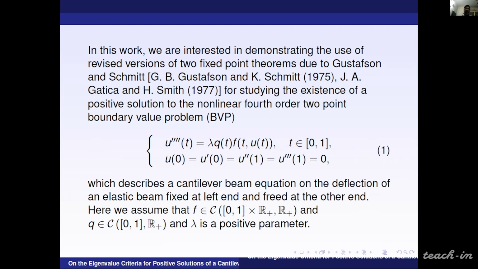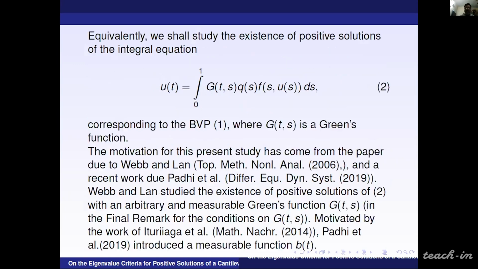What we shall be doing: it has been obtained by many authors that there are a number of ways of finding solutions or existence of solutions. One method is the upper and lower solution method, and there are many other methods. One of the methods is to transform the boundary value problem to an equivalent integral equation, u(t) = integral from 0 to 1 of G(t,s) q(s) f(s, u(s)) ds.